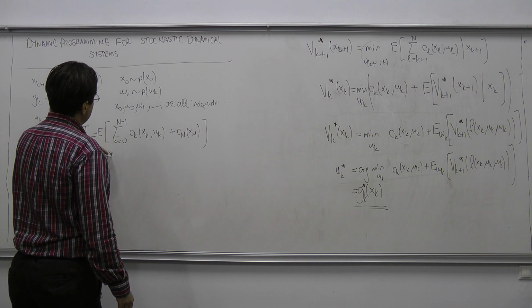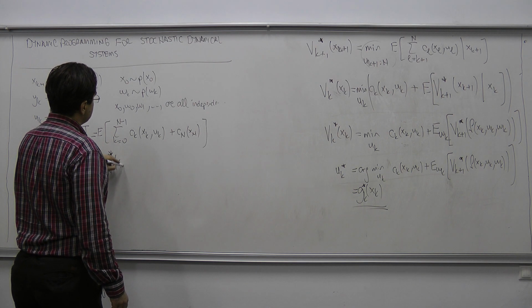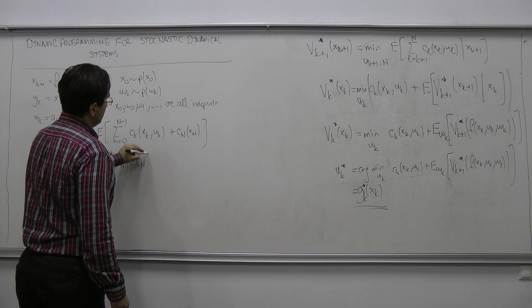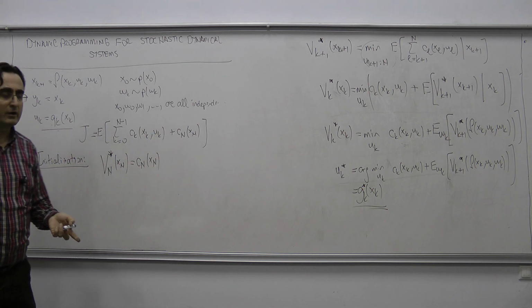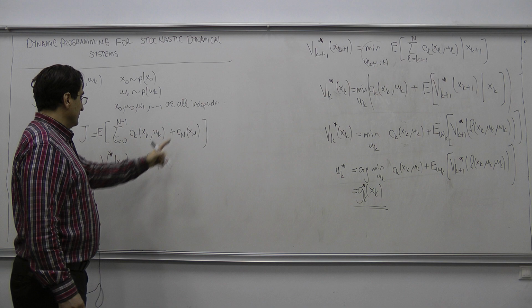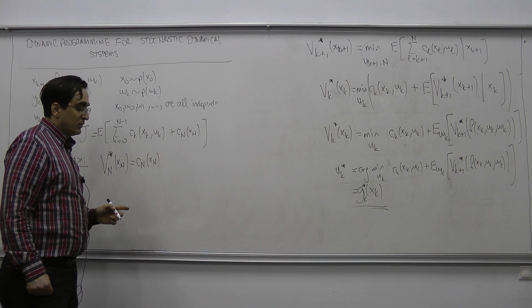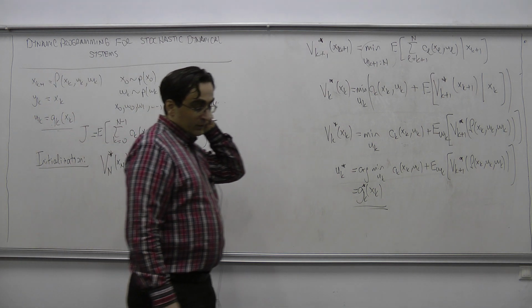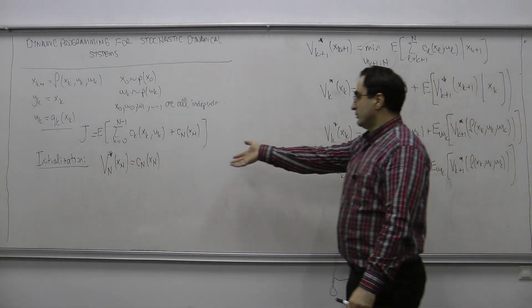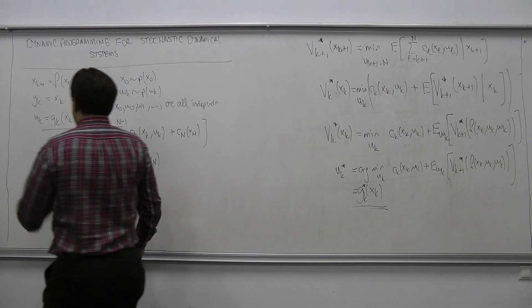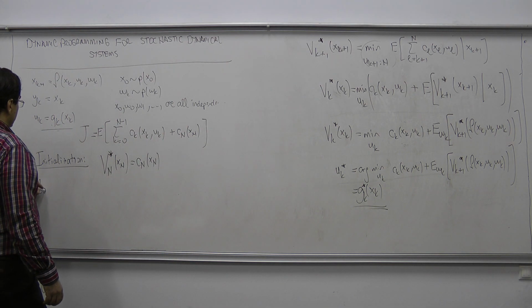We set v star of n, xn, as cn of xn. There is nothing to optimize here. In the last step, there is nothing to optimize, so we just start our recursion with this optimal cost to go, which is the earlier formula that we used. And then we have the backwards recursion.